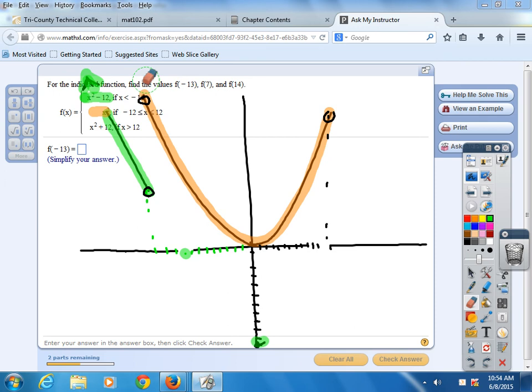Now this one is x squared plus 12, so that means a vertical shift of 12. There's your parabola here. And all they're interested in is what? Greater than. So let's take our highlighter, magenta.